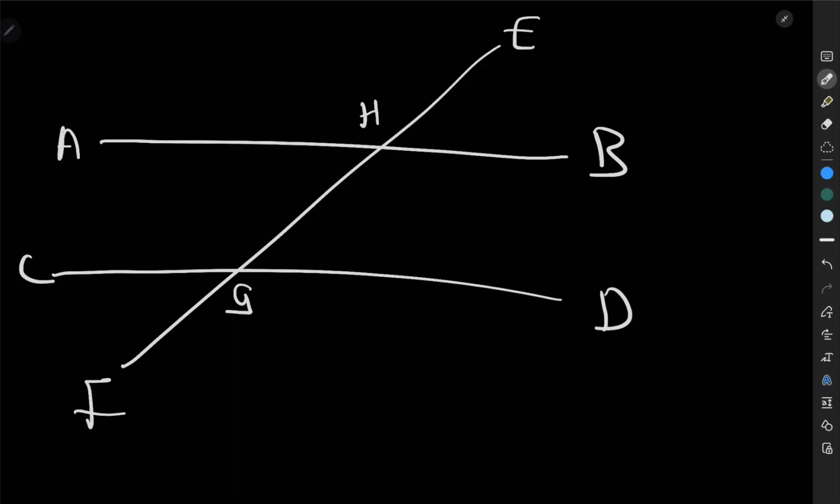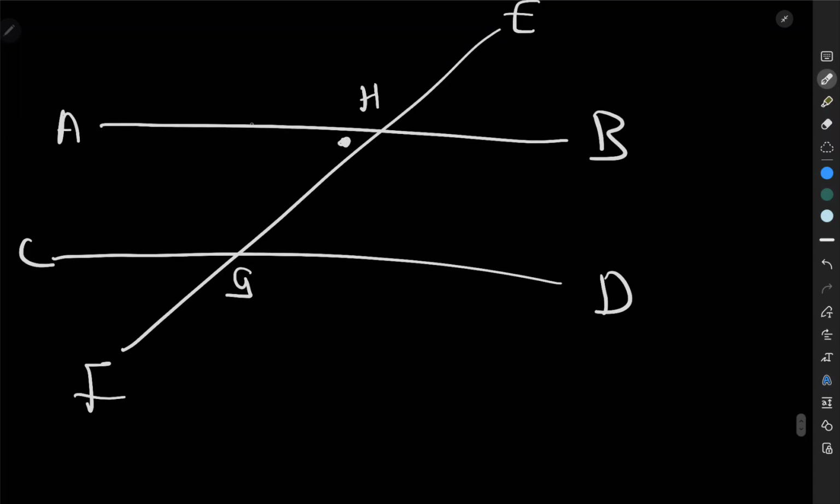Okay, so you're given something like this, and now you have to label all these, or you have to find the other pair of this angle, or you need to find another angle that's equal to this one here. Obviously they would have told you that these two lines are parallel, so you need to start looking at those fun shapes that we spoke about.